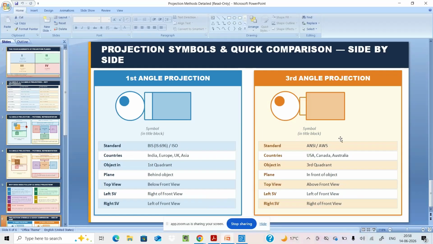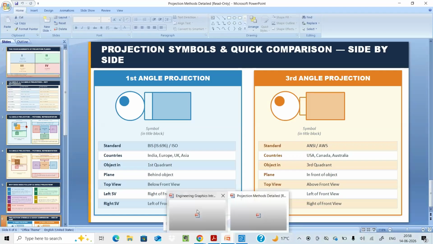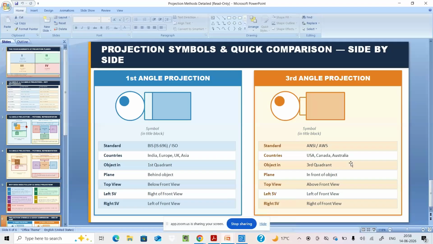Yes, we are seeing, but normally in the Middle East we are using first angle, right, sir? First angle projection and third angle projection. Third angle projection is mostly in the abroad materials, which is USA and Canada materials.